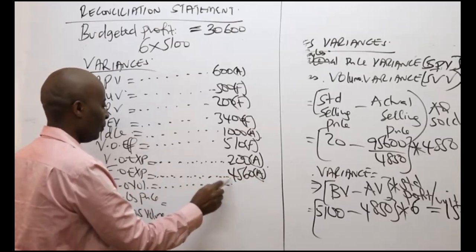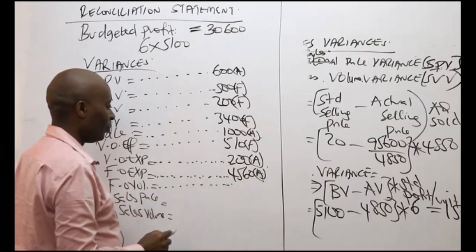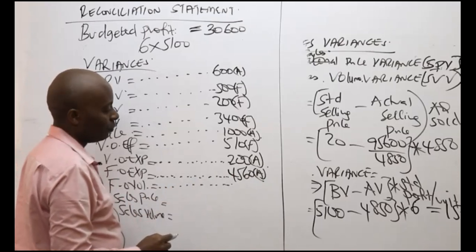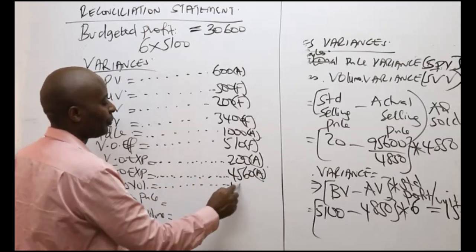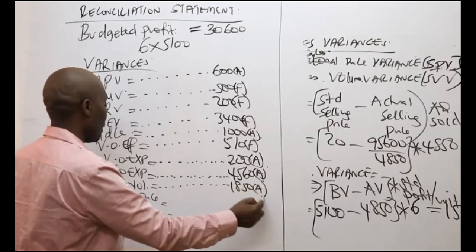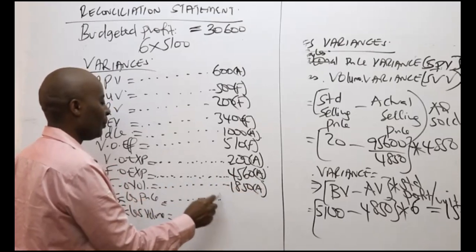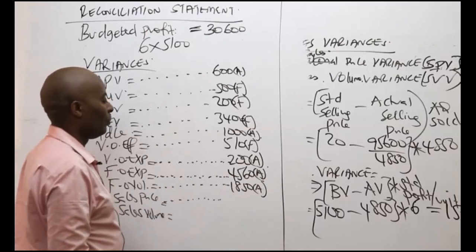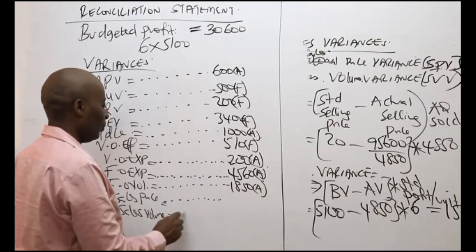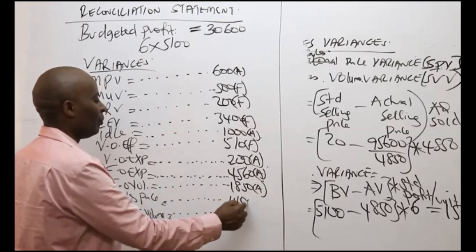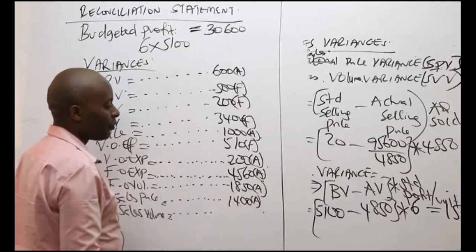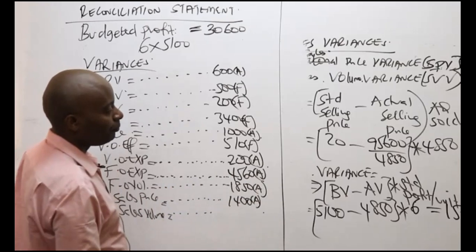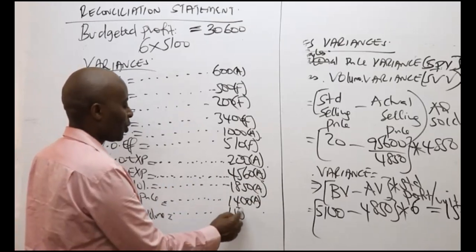Volume. 1850 adverse. Sales price. 1400 adverse. Sales volume. 1500 adverse. 100 adverse.